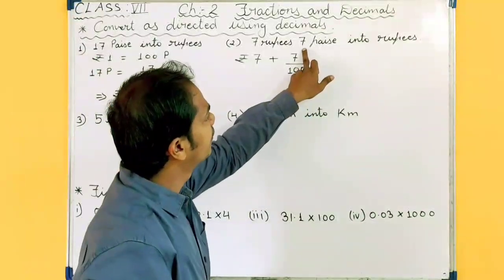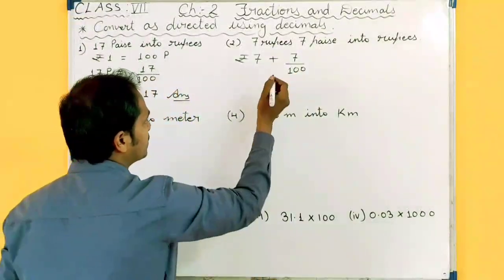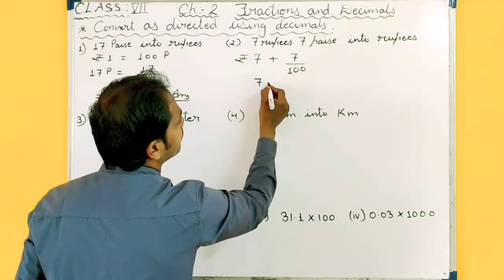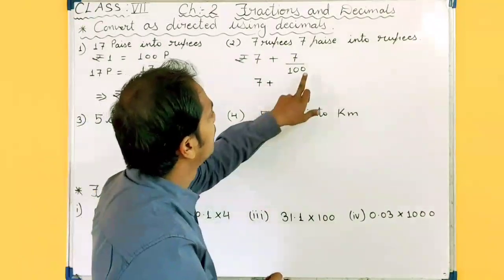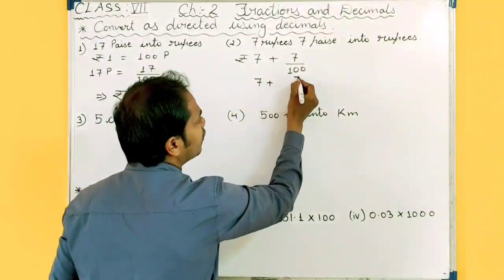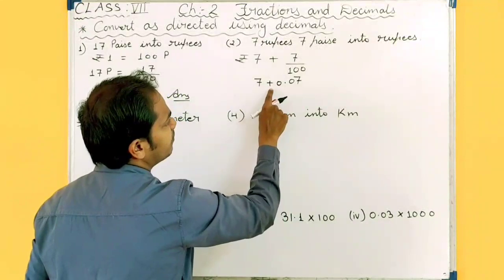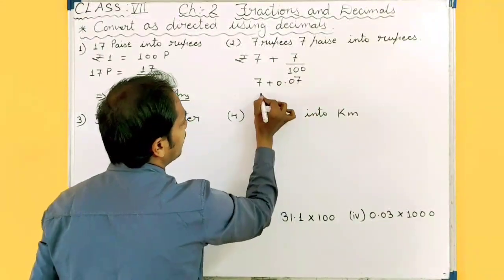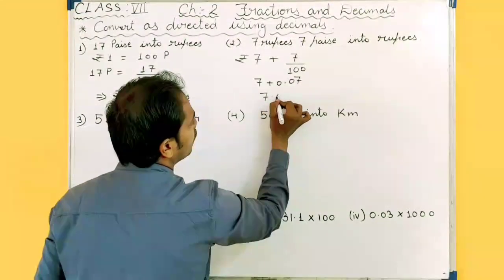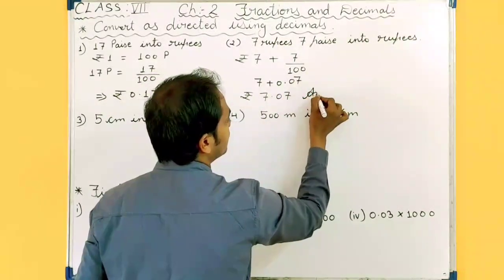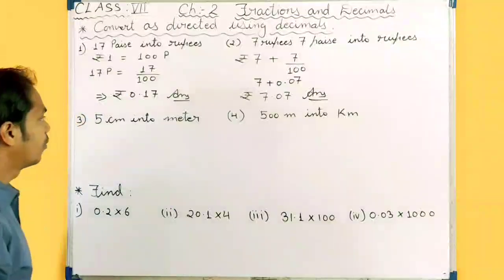So I have written 7 upon 100 rupees. Okay. So 7 plus, 2 zeros are there, so after 2 values from right hand side I will mark point. So 7 plus 0.07. When you add this you will get 7.07 rupees. This is your solution.